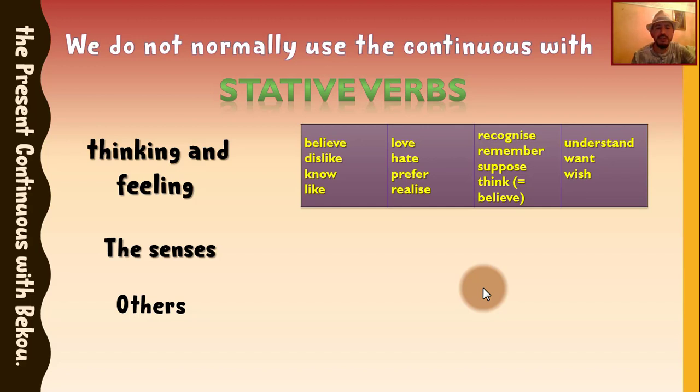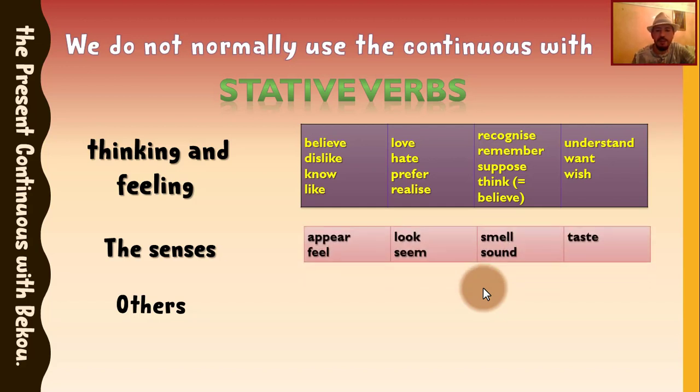And also we have the other verbs of perception, the verbs of the senses that have to do with smell, taste, hearing, sight, and touching. For example, appear, feel, look, smell, taste, sound.